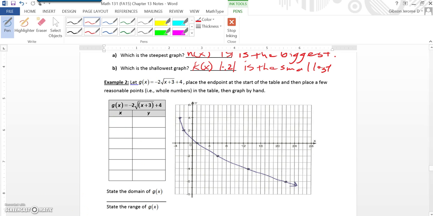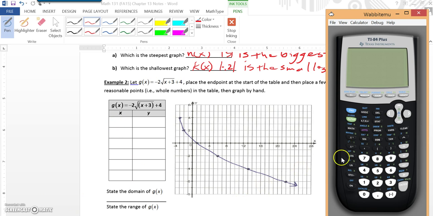As a matter of fact, let me show you this on the calculator. So we'll clear out our y1, y2, and y3. And we'll go here to y1 and type in the equation: negative 2 times the square root of, and then parentheses, we'll type x plus 3.